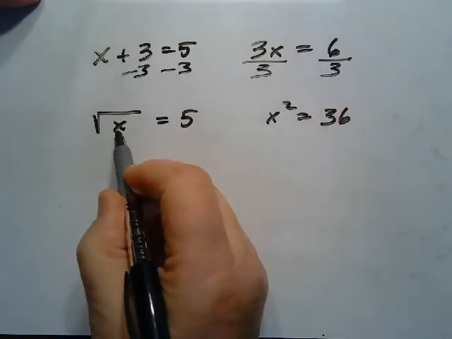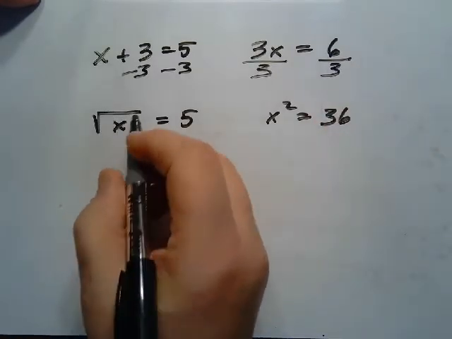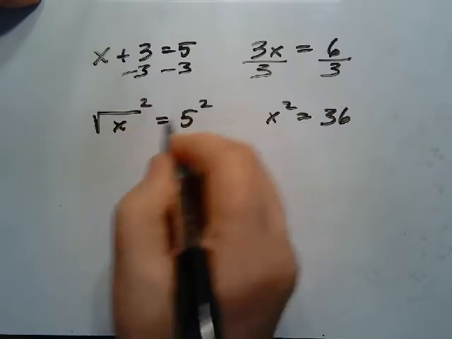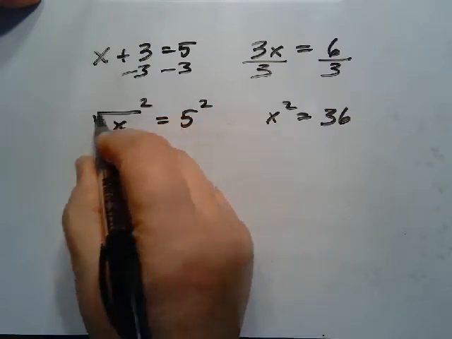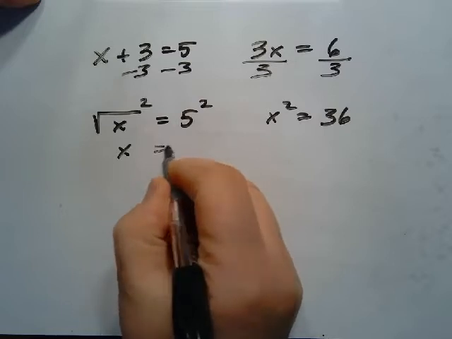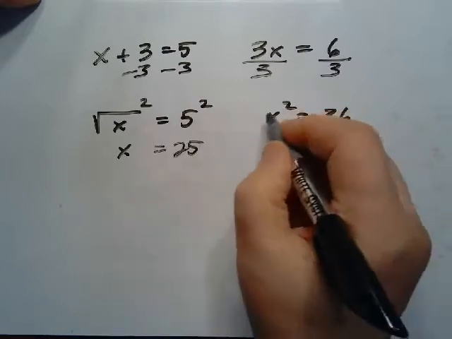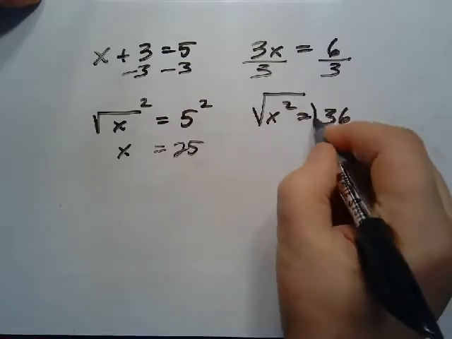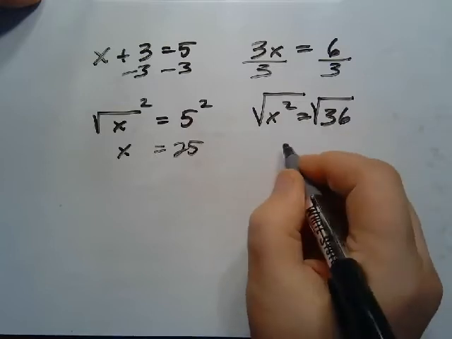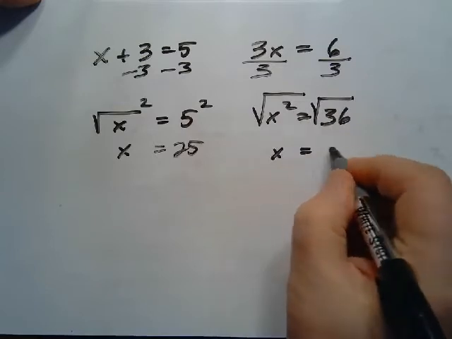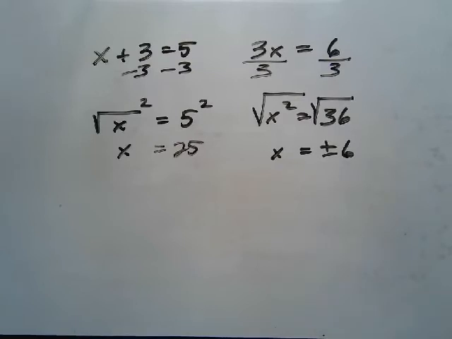To get x alone here, we would do the undo operation of square rooting, which is squaring. And we end up with these, the square and the square root undo each other. And same thing over here, the square and the square root would undo each other. And now x is alone, and this is plus or minus 6. These are the undo operations we've been using.